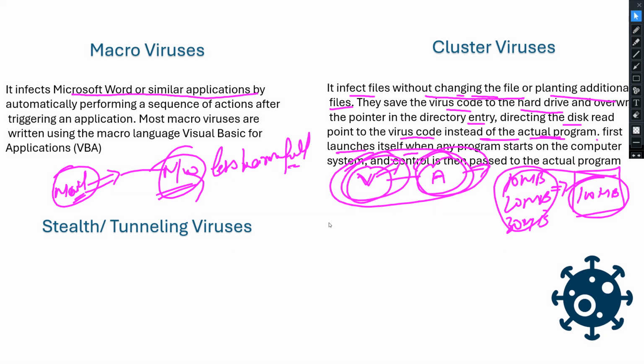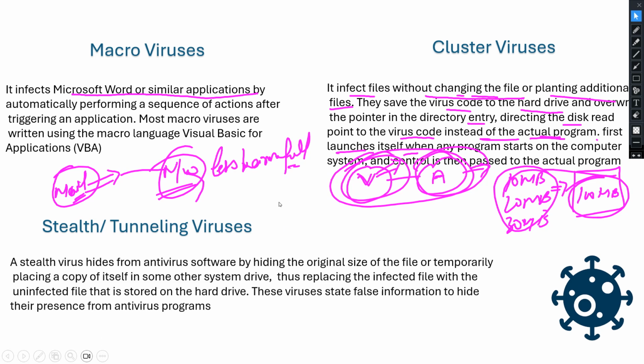Then next is the stealth tunneling viruses. The stealth tunneling viruses are stealth viruses that hide from antivirus software by hiding the original size of the file or temporarily placing a copy of itself in some other drives. Okay, let me repeat it for you.